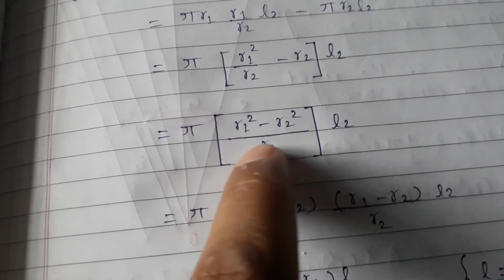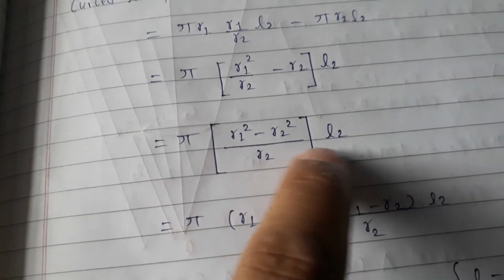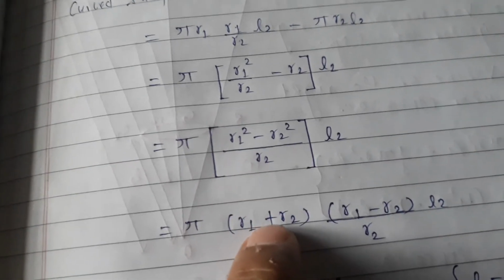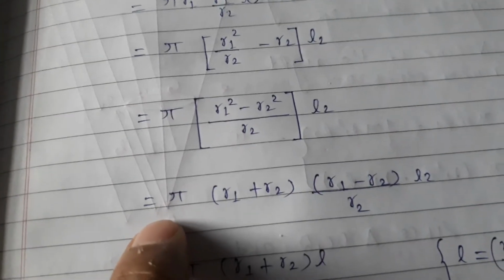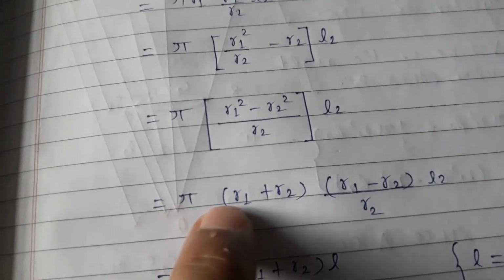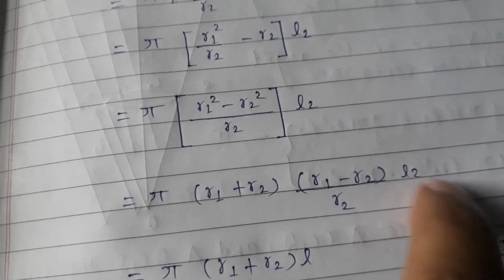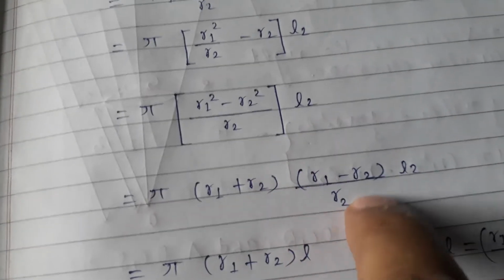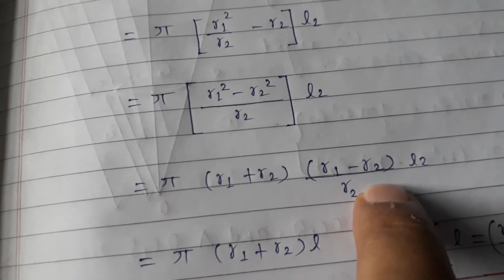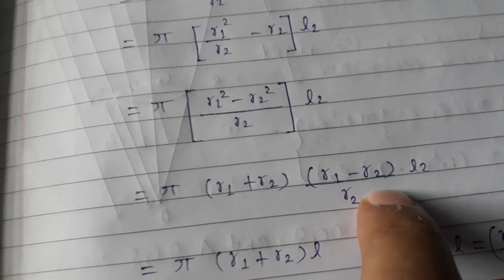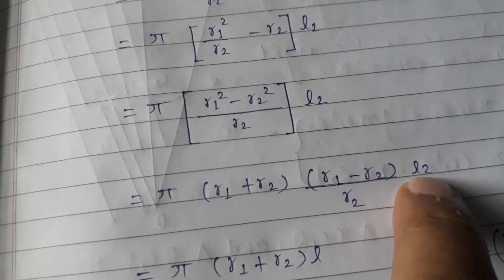We can split this with the formula of a square minus b square. It comes (a plus b)(a minus b). So here comes pi into (R1 plus R2) into (R1 minus R2) upon R2 into L2. Now this whole term will be replaced by L because already shown in equation number 2.